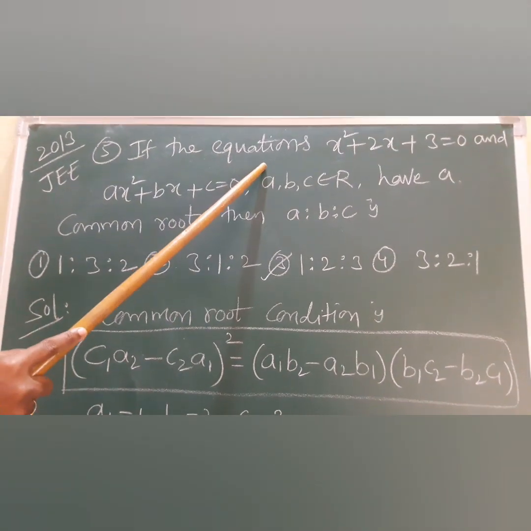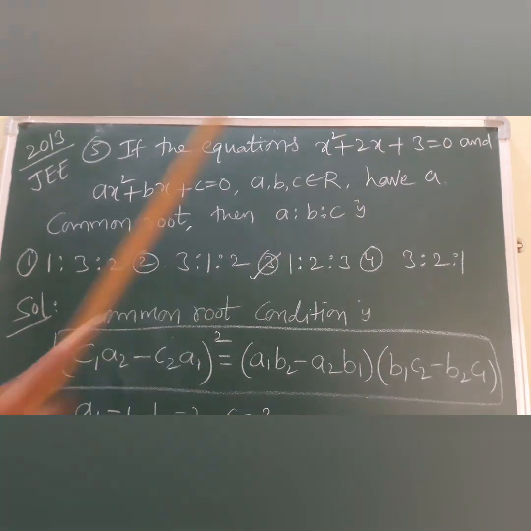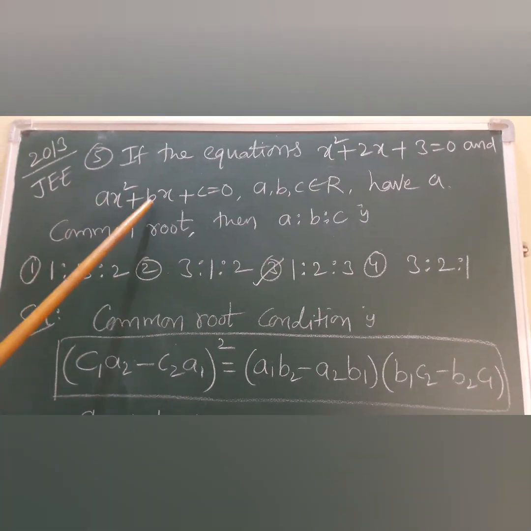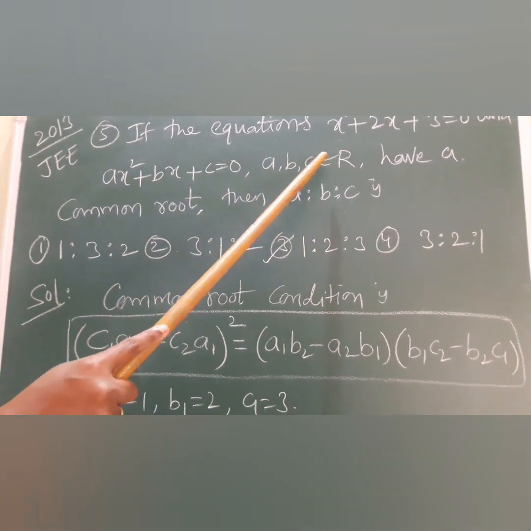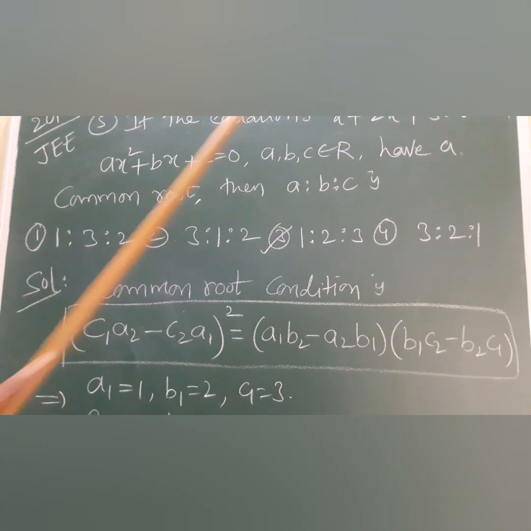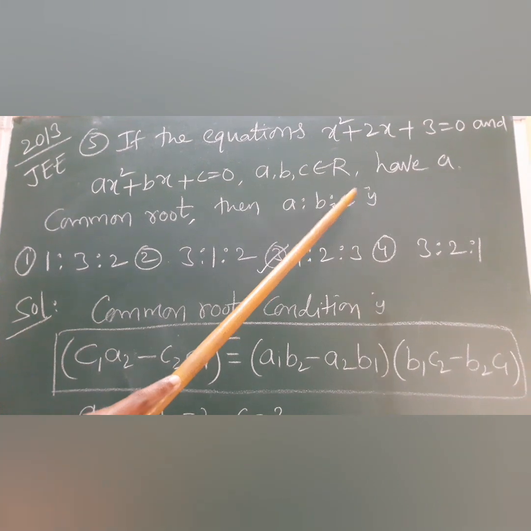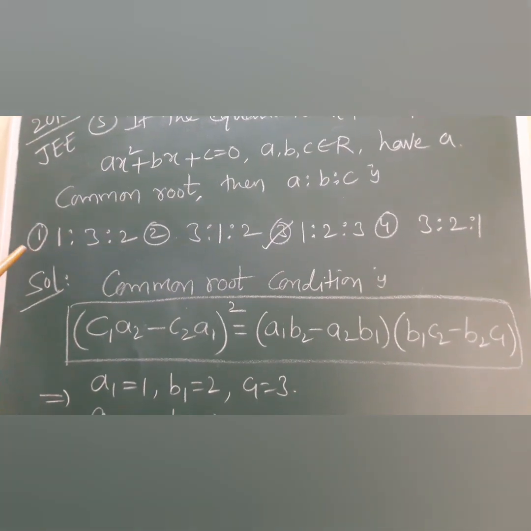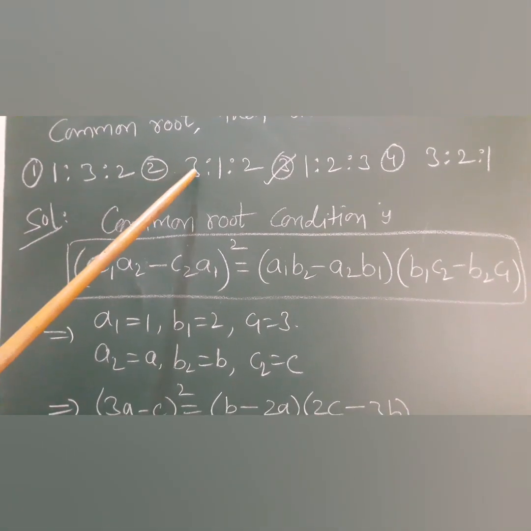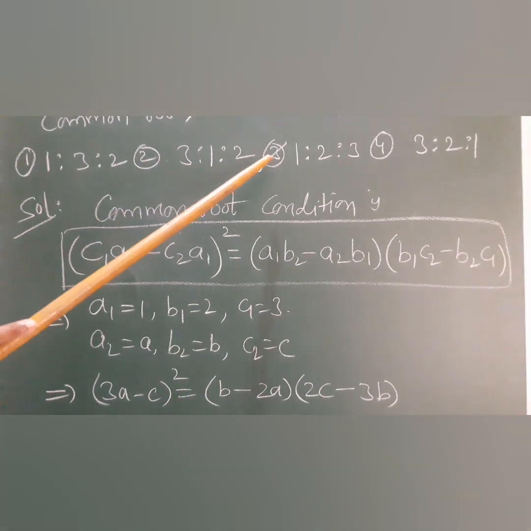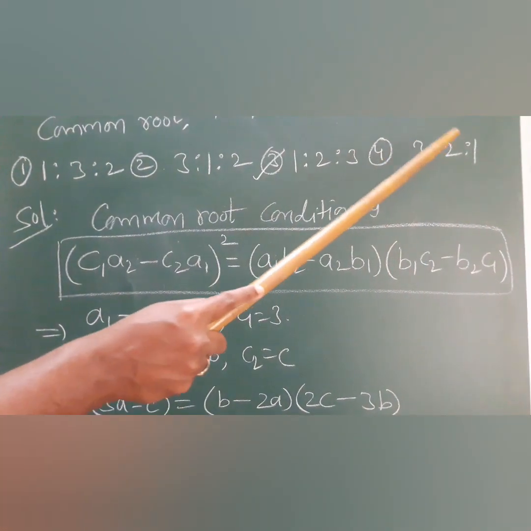If the equations x square plus 2x plus 3 is equal to 0 and ax square plus bx plus c is equal to 0, where a, b, c belong to R, have a common root, then a is to b is to c is: first option 1 is to 3 is to 2, second option 3 is to 1 is to 2, third option 1 is to 2 is to 3, fourth option 3 is to 2 is to 1.